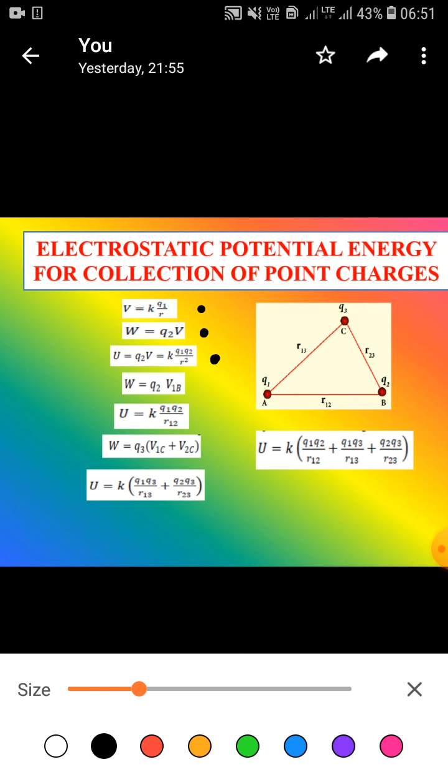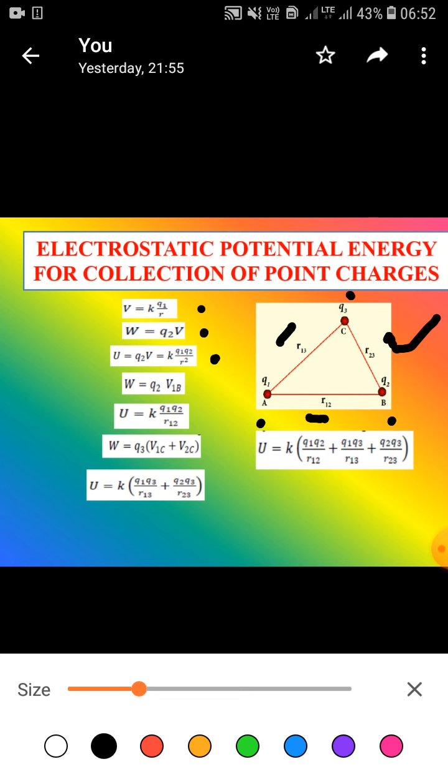So for the total electrostatic potential energy, bring all the charges one by one and arrange them as shown in the figure. For an example, charge q1 is placed at A, q2 is placed at B and q3 is placed at C, separated by distances r12, r23, r31.